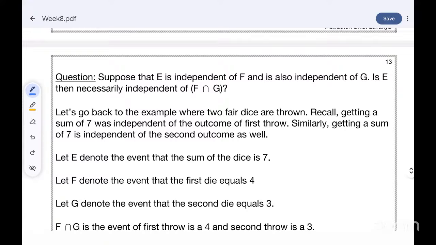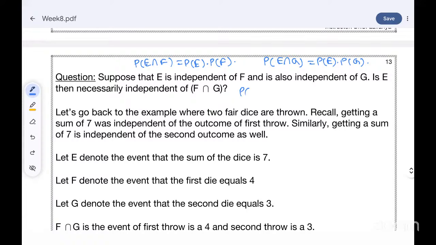So they are saying P of E intersection F is equal to P of E into P of F. Also it is given that P of E intersection G is P of E into P of G. Now is E necessarily independent of F intersection G?